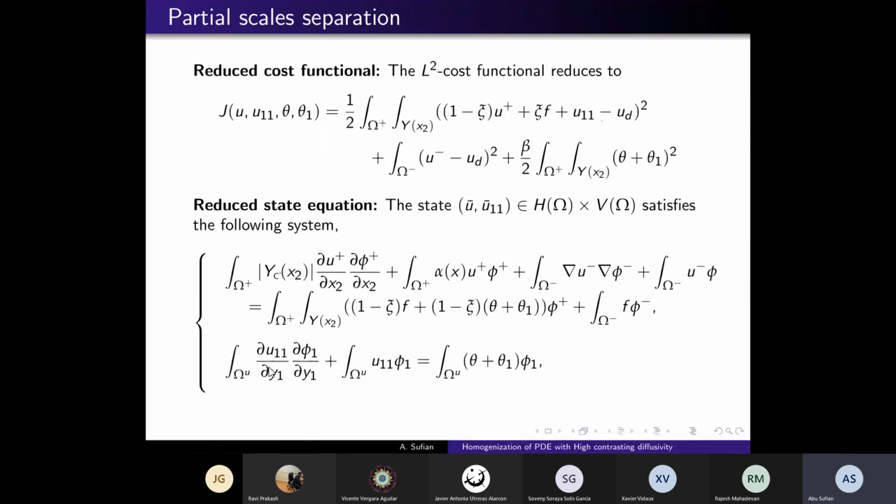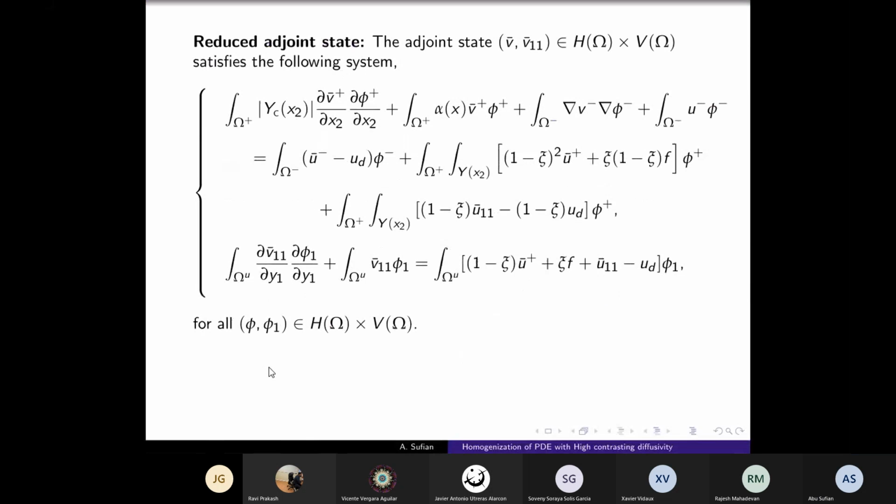Similarly, the adjoint equation will have the same sort of structure. For the first part, the left-hand side has the same structure, but on the right-hand side, in the lower part it is the same, but in the upper part we have integral over omega plus y x2 (1 minus xi) squared u bar plus xi (1 minus xi) f into phi, plus integral over omega plus y x2 (1 minus xi) u11 bar minus (1 minus xi) ud into phi.